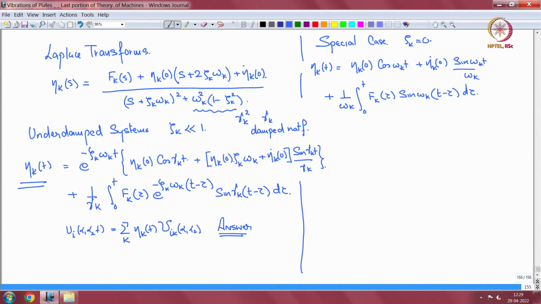Now we have various systems. We have beams, where we are, let us say, interested only in the transverse motion, and we have, let us say, plates. We could be interested in the in-plane motion of rectangular plates.